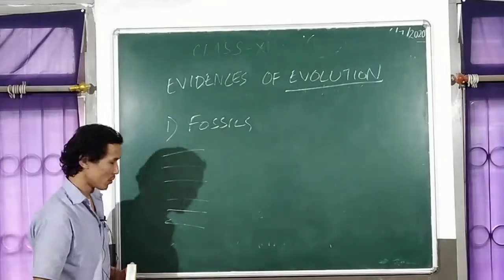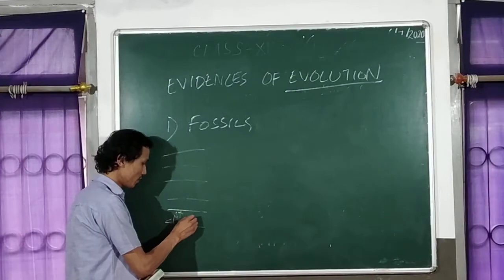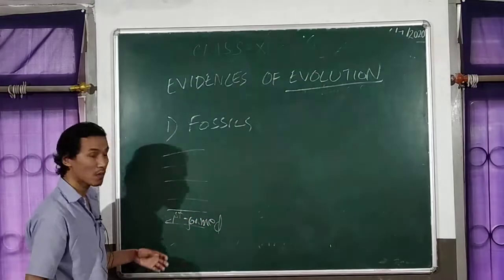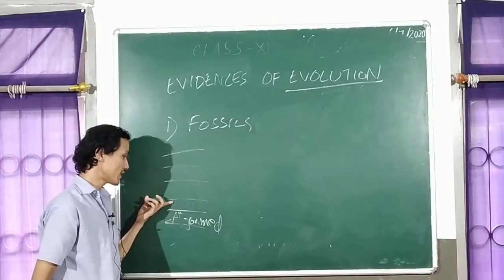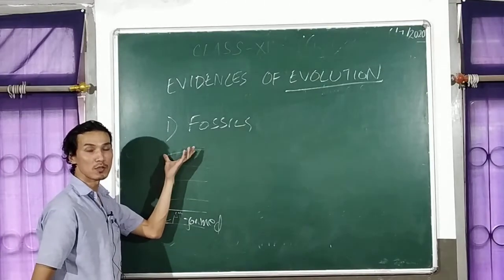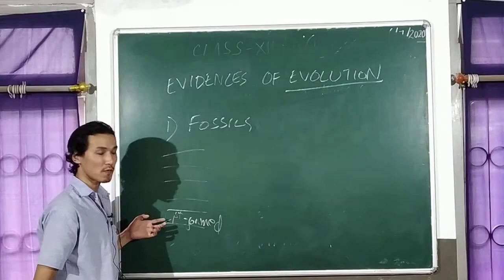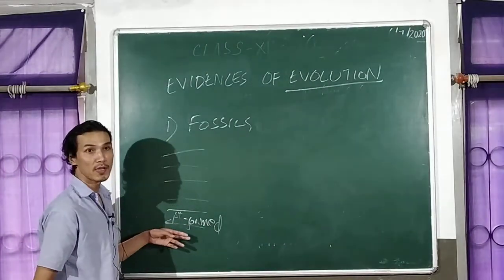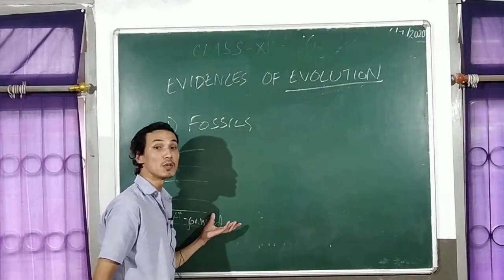Now remember, the rock at the lowest layer is always formed first. The second layer is formed at a rather recent time, and the topmost layer is formed at the most present time. That means the rocks which are the lowest layers are the ones which were first formed. Depending on the fossils found at the various layers, we can easily find out how evolution took place.